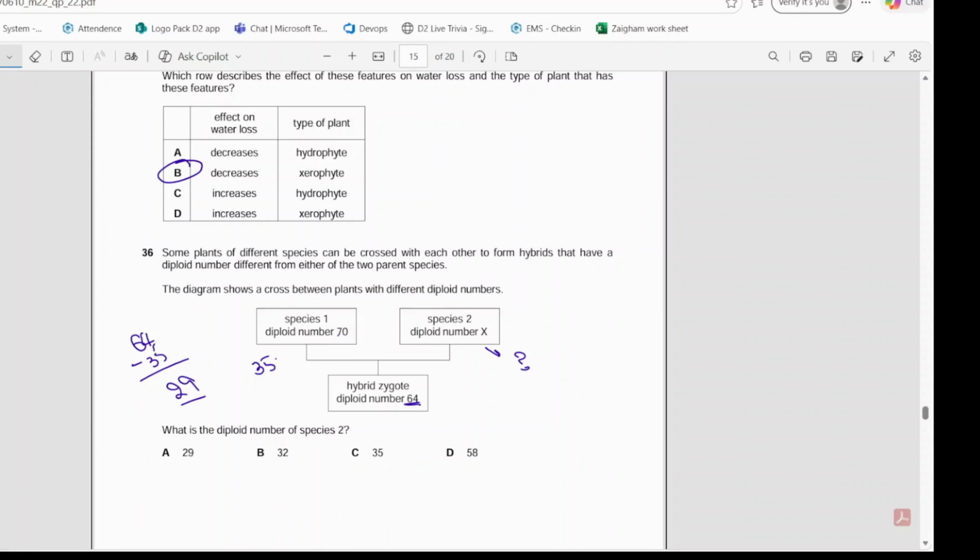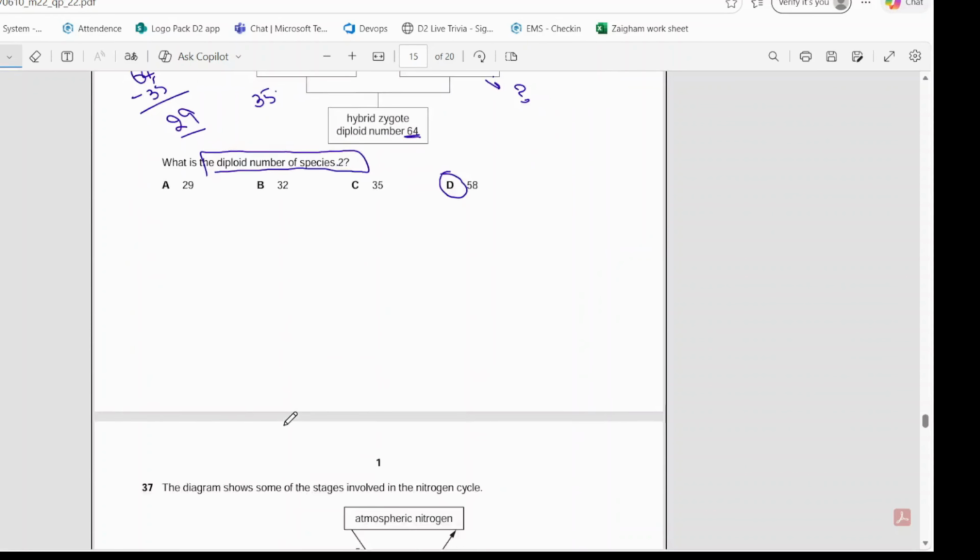So what would be the diploid number of 29? 58. Yes, we have to give the diploid number. So the answer is 58. Okay. They haven't asked us about the gamete. They asked us about the diploid species.